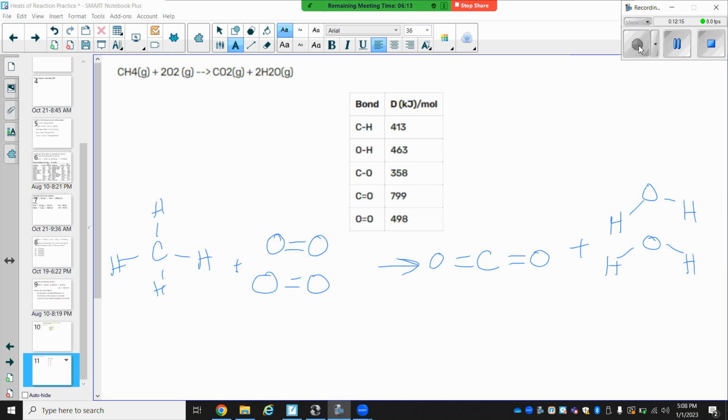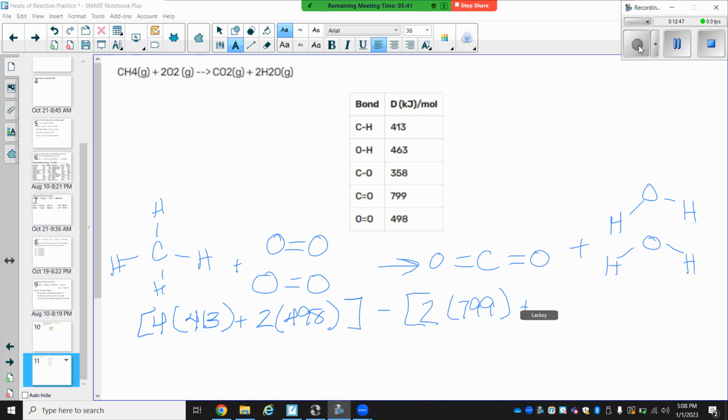All right, so looking at our reactants, we have 4 of the CH bonds, and CH is 413 kilojoules per mole. We have 2 of the oxygen double bonded oxygens, so that's 498. That's all for our reactant side. On our product side, we have 2 carbon oxygen double bonds, which is the 799.